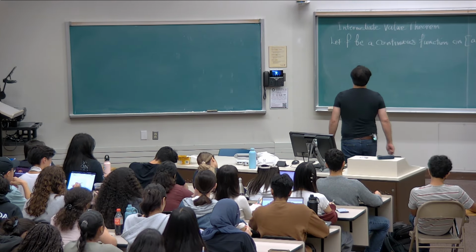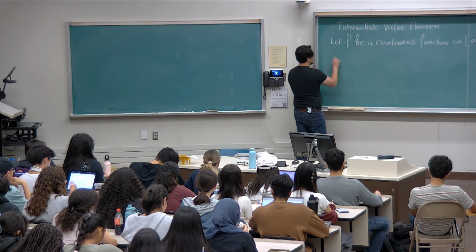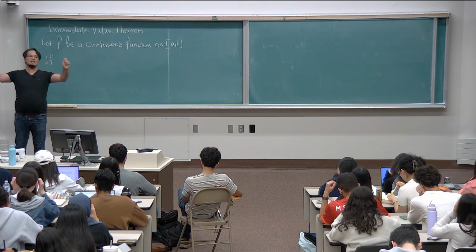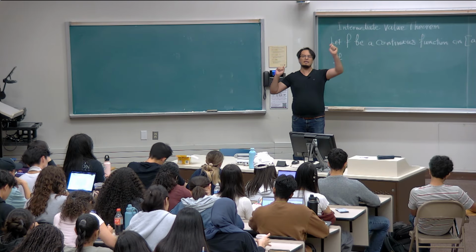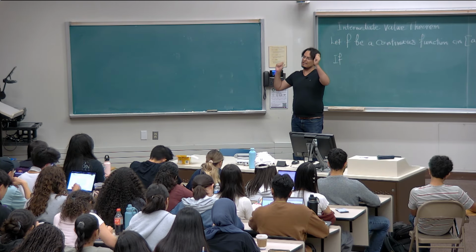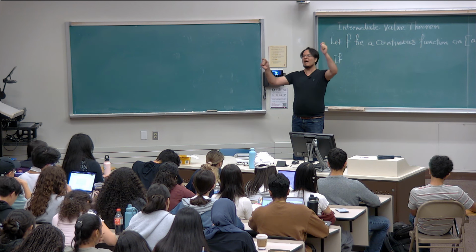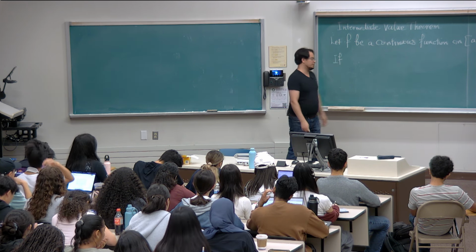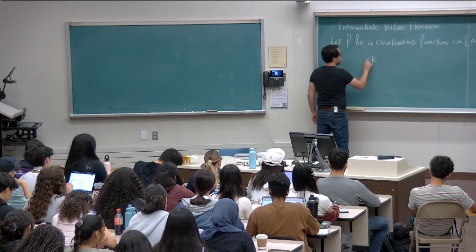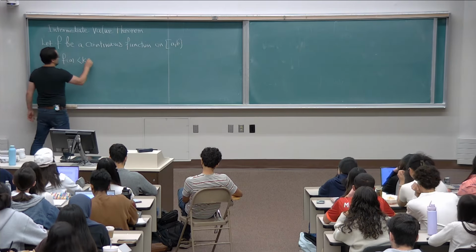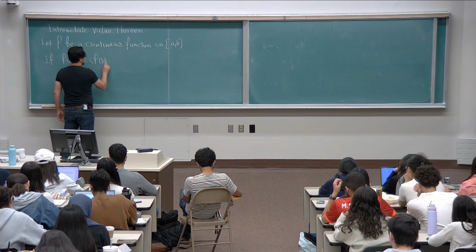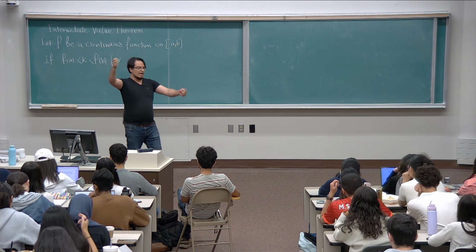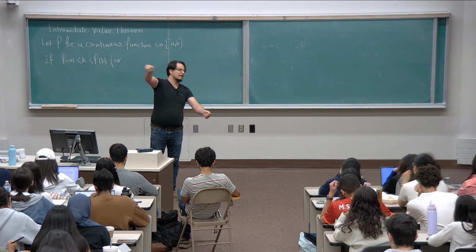Now, fix any value between f(a) and f(b), the values of the function at a and b. So either k is between f(a) and f(b), or it could be the other way around: f(a) could be bigger than f(b) and k is between them.